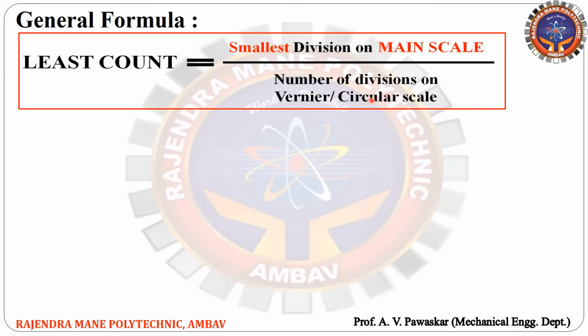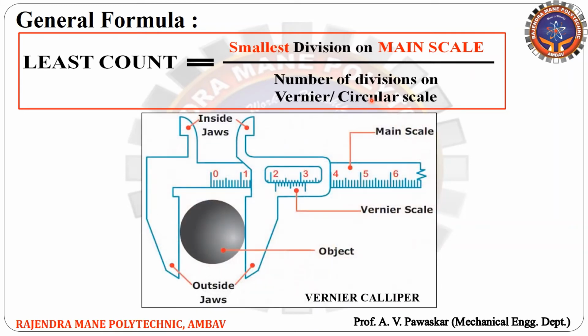So let's apply this formula for the Vernier caliper, because we are familiar with it. In the formula there are two basic terms, main scale and Vernier scale. The Vernier caliper has two jaws. One is the fixed jaw, and another is the movable jaw.